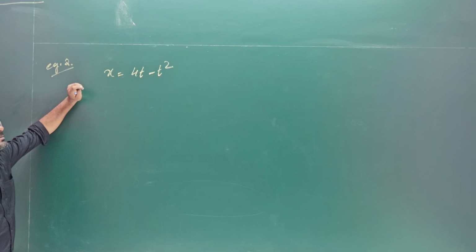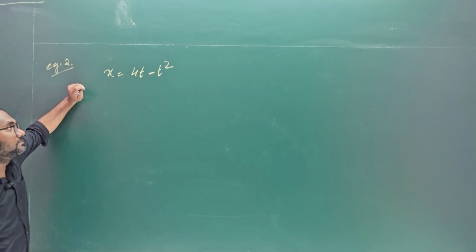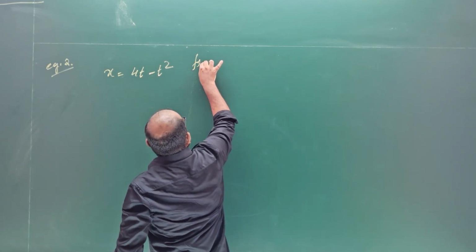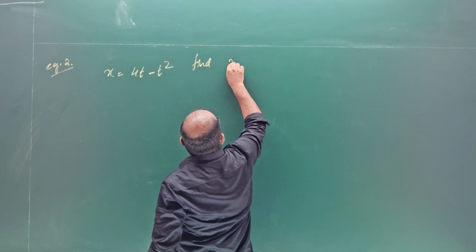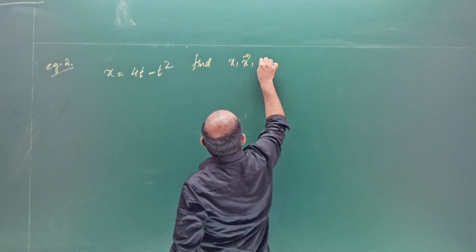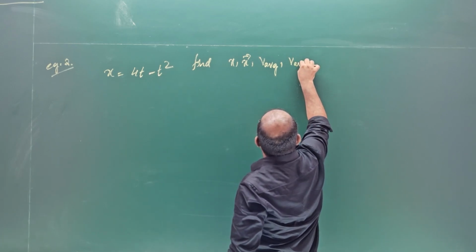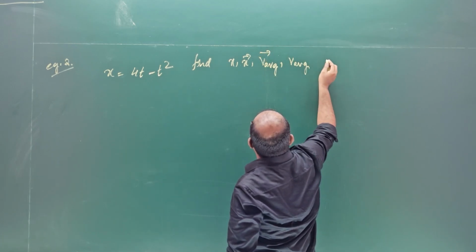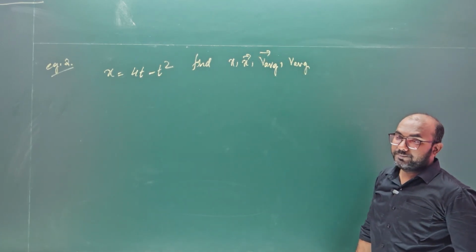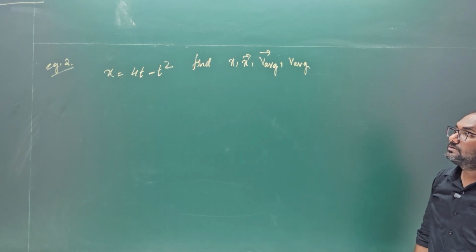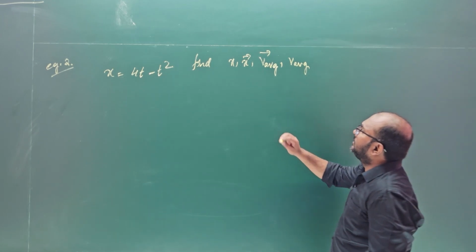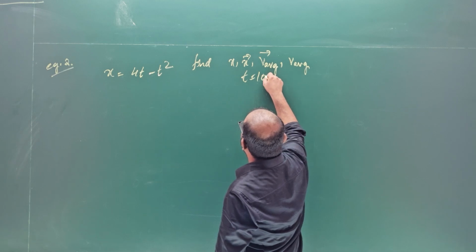And let time be 10 second again. Find distance, displacement, average velocity and average speed.